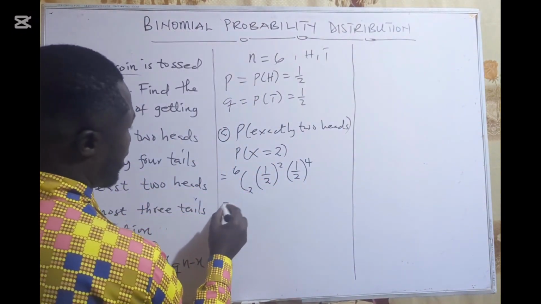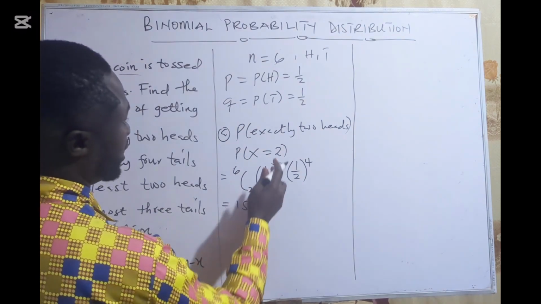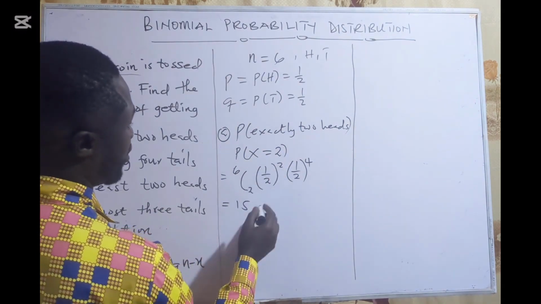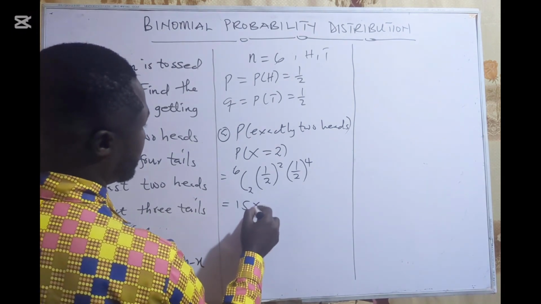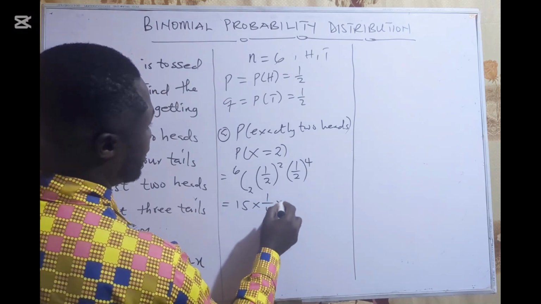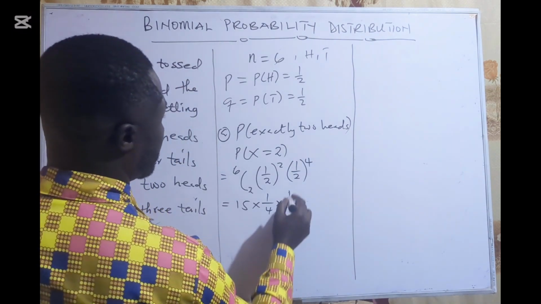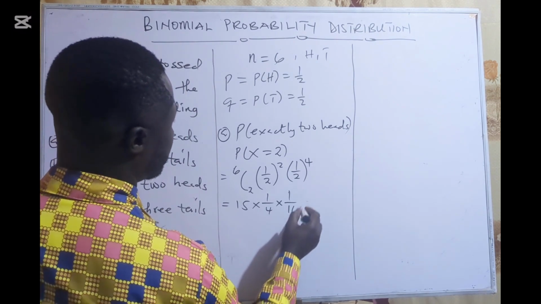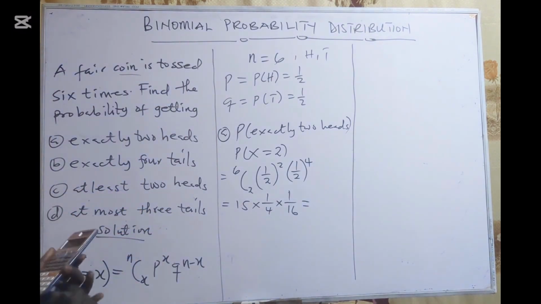All right, so we are going to have 15, and then 1/2 squared will give us what? 1 squared is 1, 2 squared is what? 4. So 1 exponent 4 is 1, 2 exponent 4 is what? 16. So we are going to have 15 by 1/4 times 1/16.